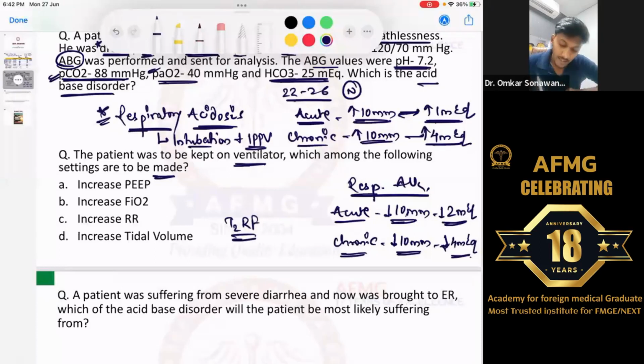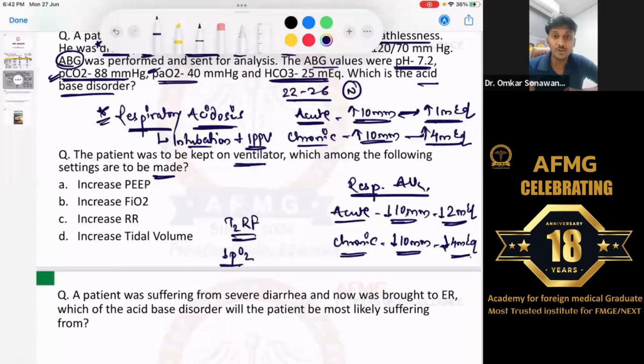Please remember, in any type of respiratory failure, the PO2 values will go down. I have discussed respiratory failures in pulmonary medicine, okay? If the patient is having a respiratory failure, that means the partial pressure of oxygen will go down in the blood. So the PO2 levels would be low in any type of respiratory failure.